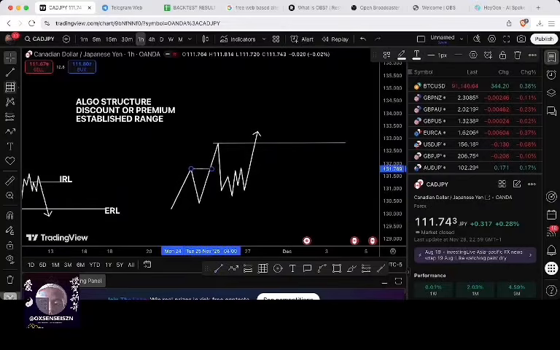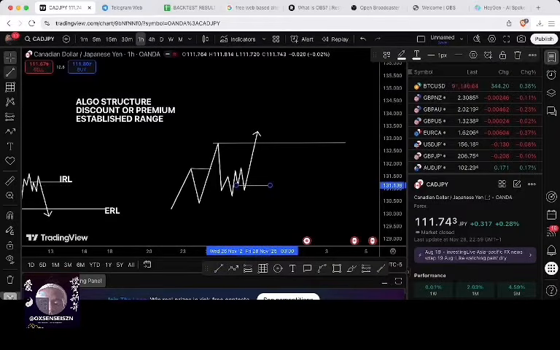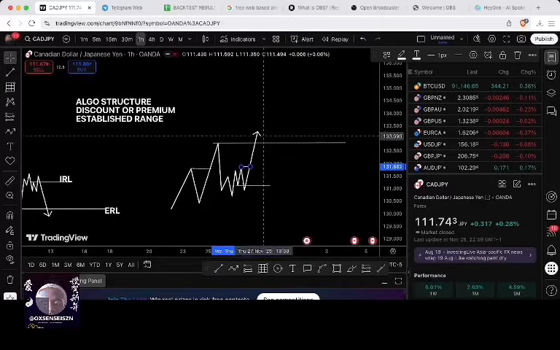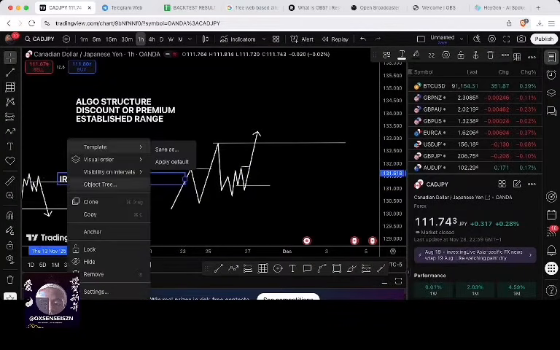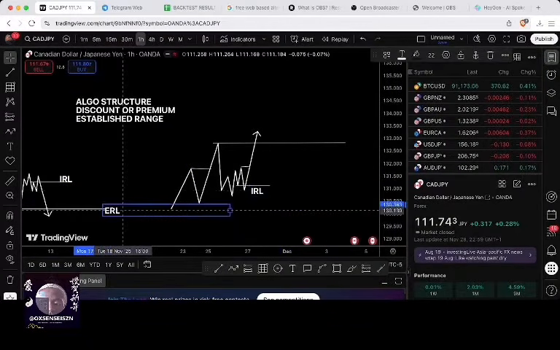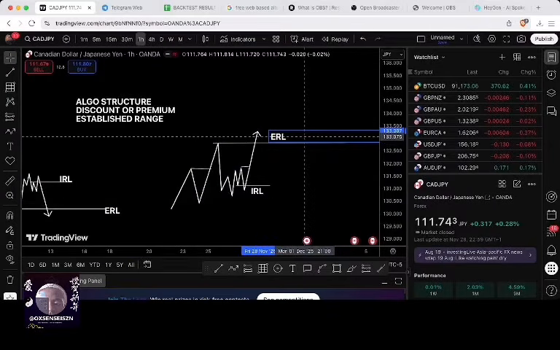Because when price has gone to take out this internal range liquidity, the first target obviously is this external range liquidity resting here, then of course this overall external range liquidity we see here. So we want to go from IRL to ERL.